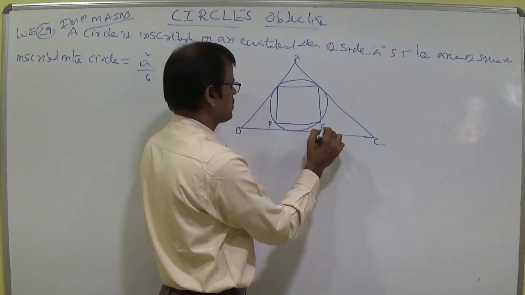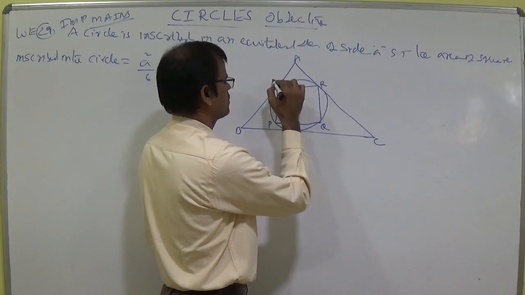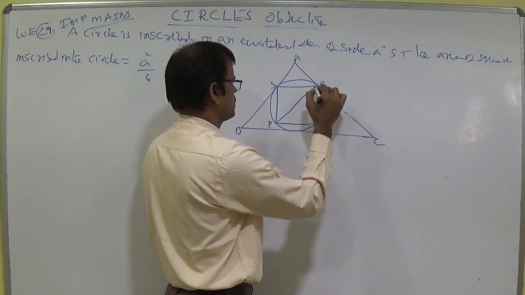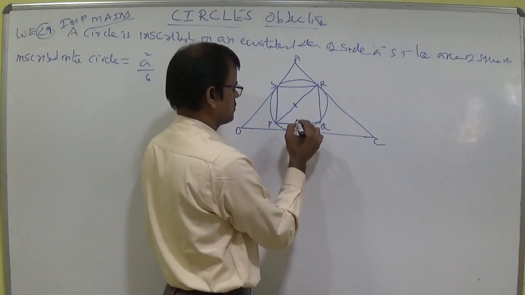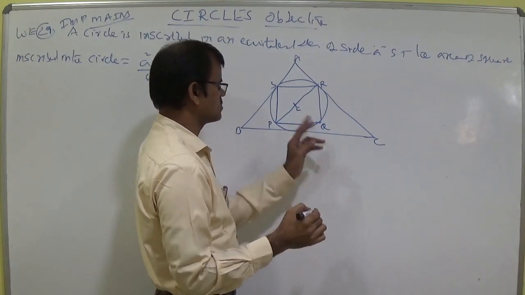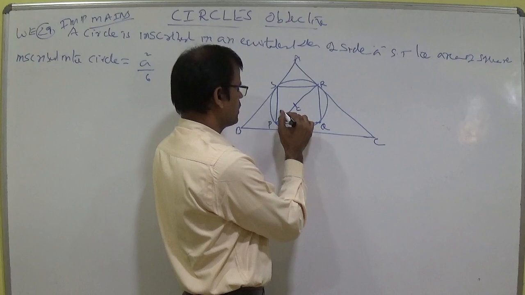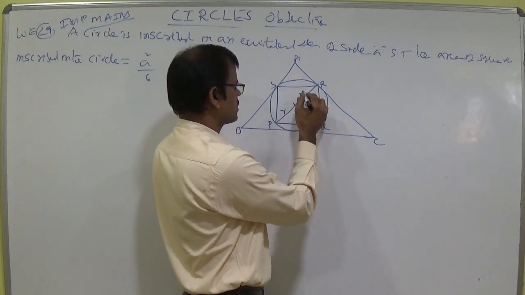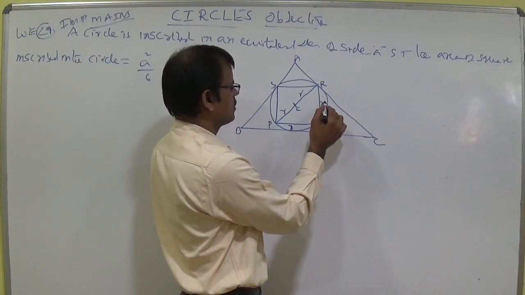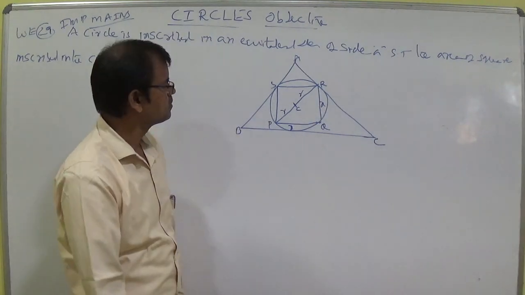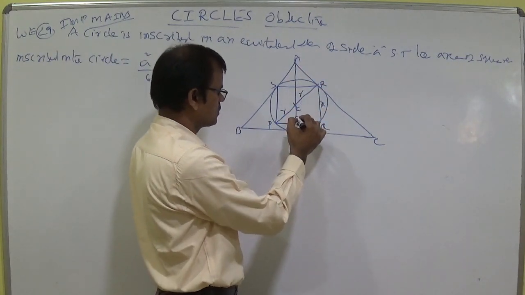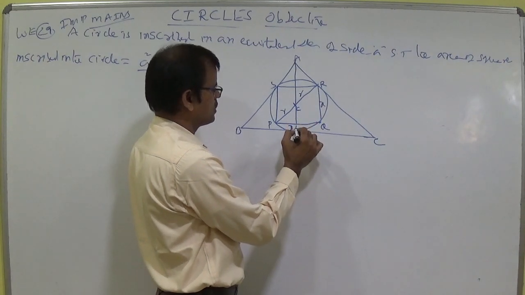This is the center C, and from the center to any point of the circle is called the radius. This is R. Let the side of the square be x. We should calculate the area of the square. Join like this. Put here D.